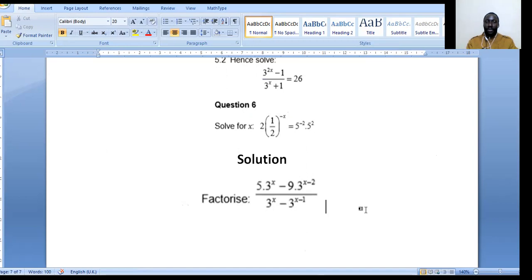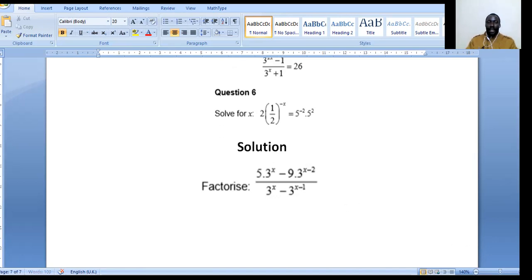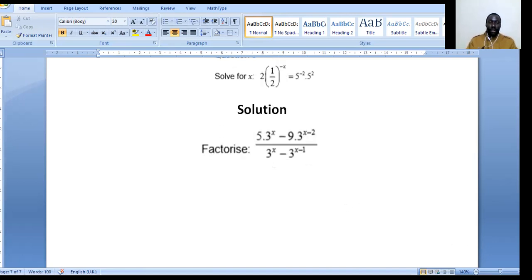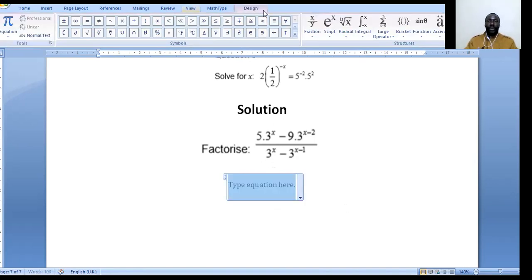Well, the easiest way to deal with this is to write it as shown here. We start with the division sign. We first write the 5 there.